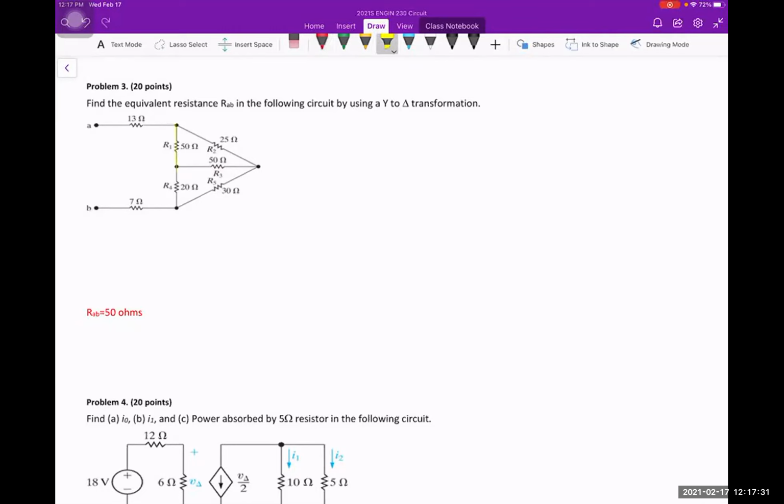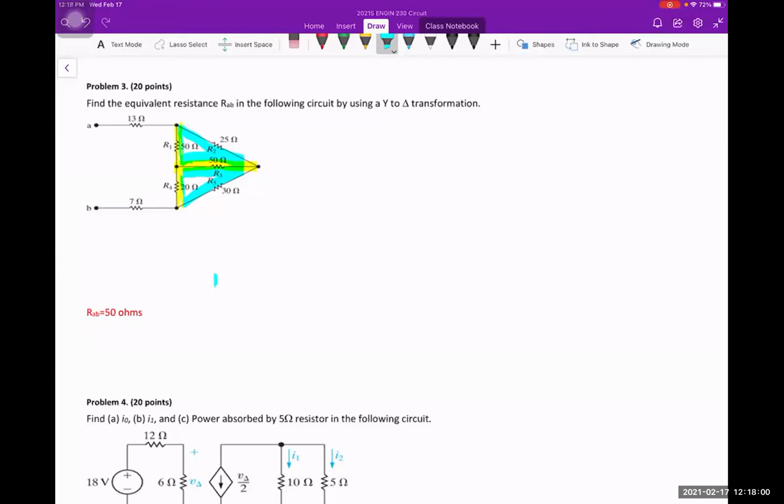If you look here, this is your y or your t. But if you look here, this is your triangle, or the bottom is also a triangle. So either way works. It depends on how you want to do the transformation. You will always be able to transform it into the other shape.